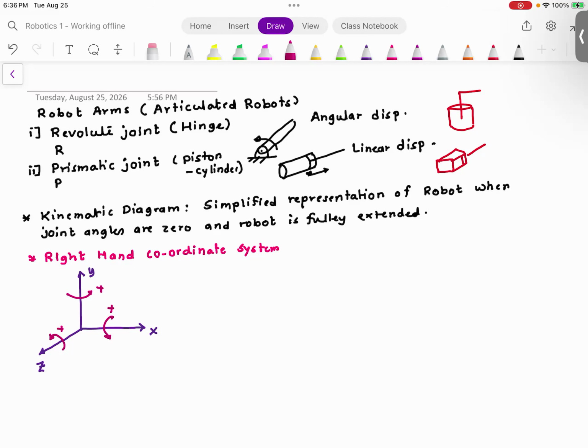What is forward kinematics? Forward kinematics is, given the joint variables, given the joint values, what is the position of the end effector? Let me write this down. Forward kinematics.